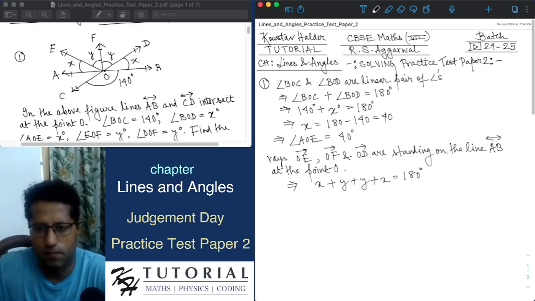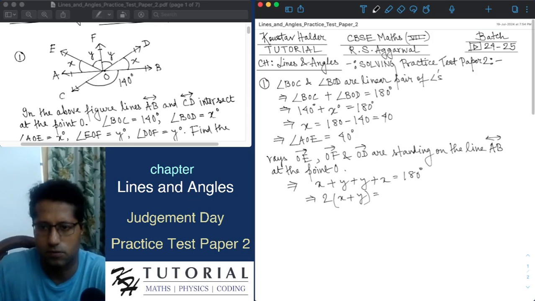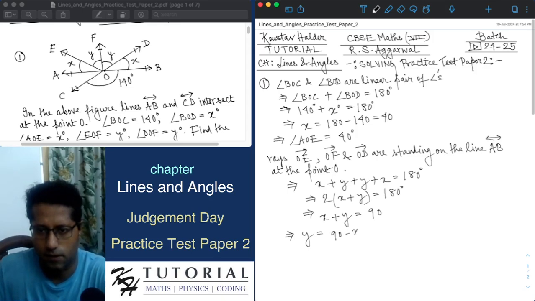Okay, so this implies we must have twice of x plus y equals 180 degrees. This implies, omitting the degree, x plus y equals 90. This implies y equals 90 minus x.